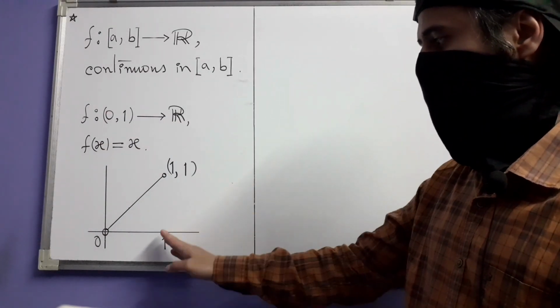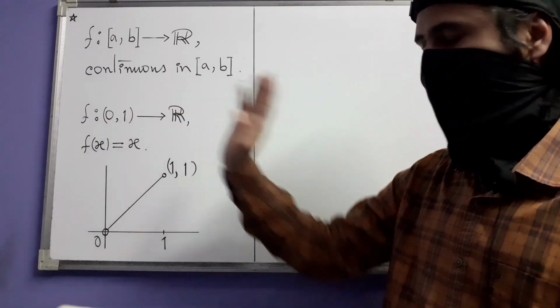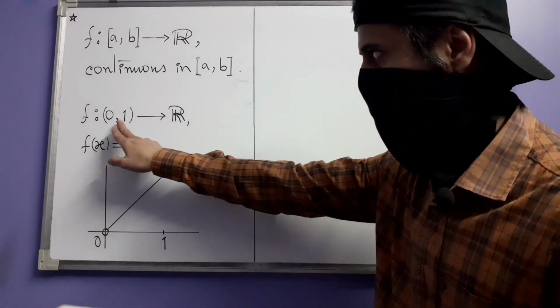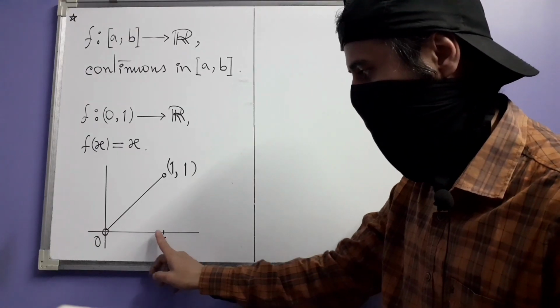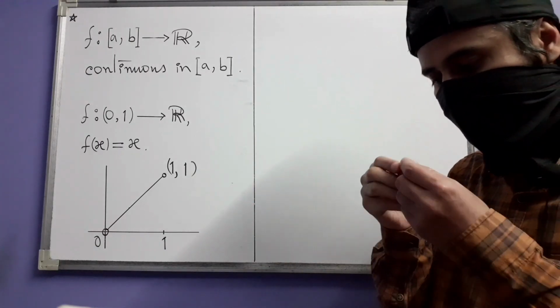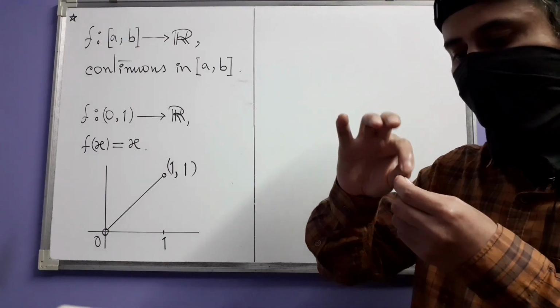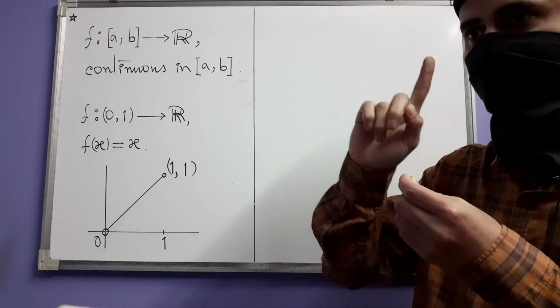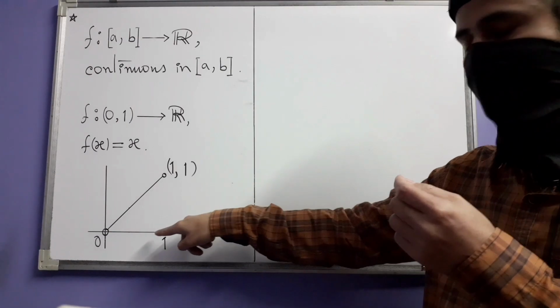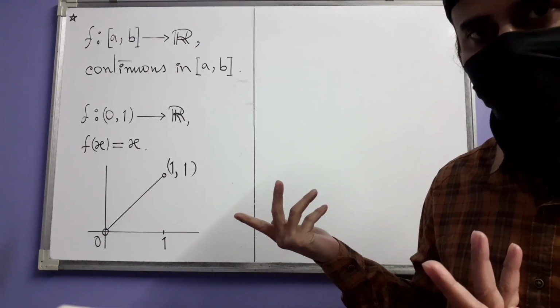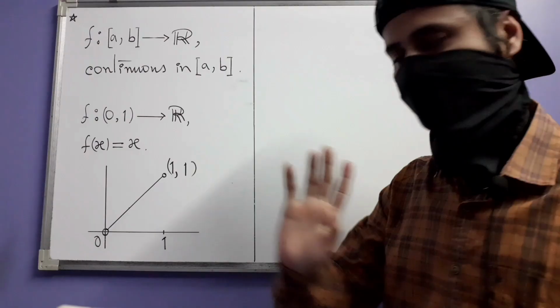If you choose a point very close to 1, say x, but because x has to come from here, x needs to be less than 1. So there is a small gap between x and 1. If you choose another input from that gap, then the corresponding output will be larger than the output f of x. So there is no absolute maximum. Similarly, there is no absolute minimum.